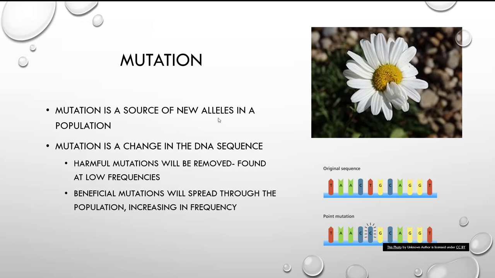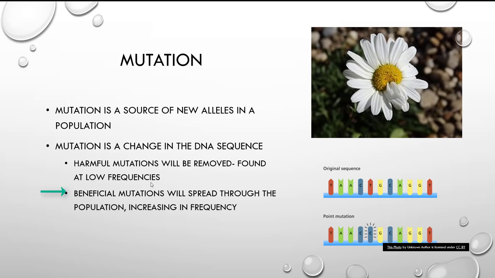It forms a new allele. If it's a harmful mutation, it will eventually get removed because it'll be found at such a low frequency. The individuals that have that mutation will not be able to survive long enough to reproduce and pass on that mutation to the next generation.